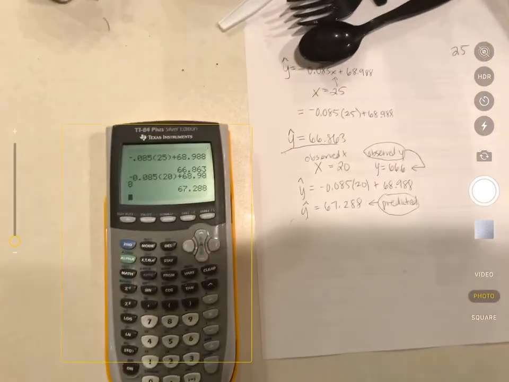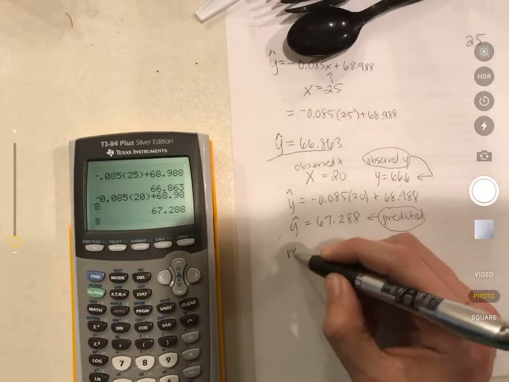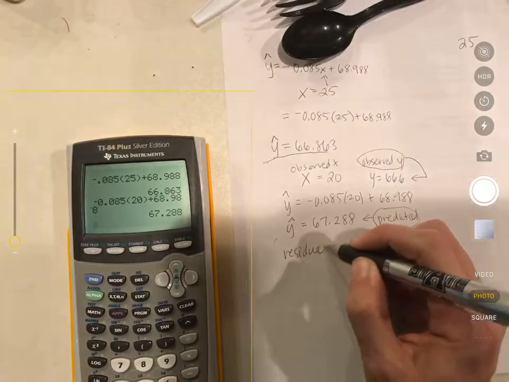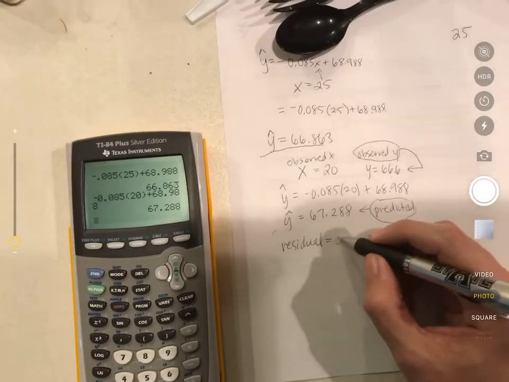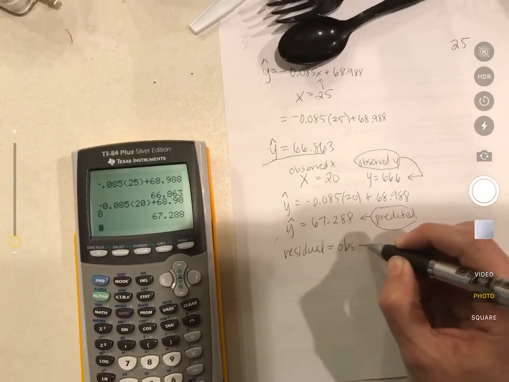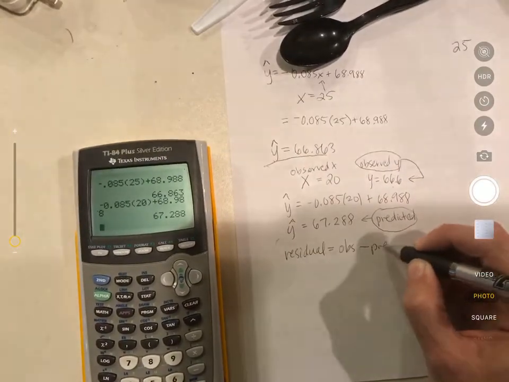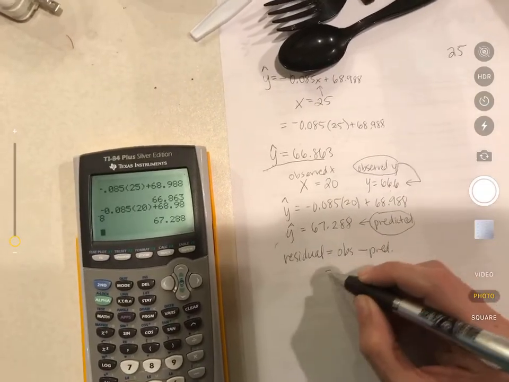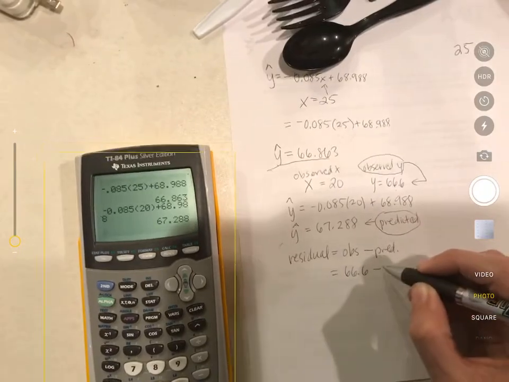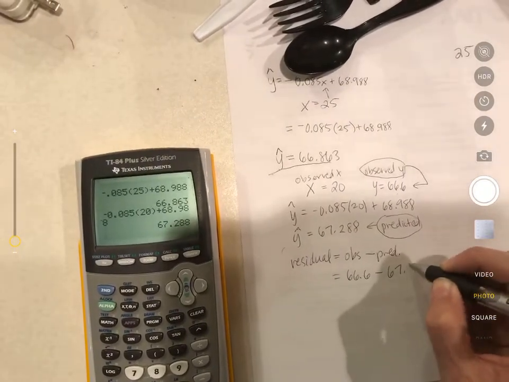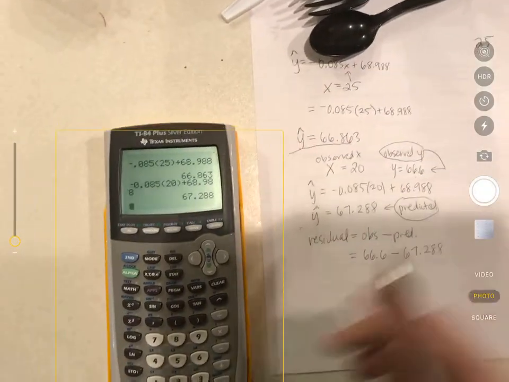So what we do from here in order to find the residual, we take the observed and we subtract the predicted. So the observed was 66.6 and the predicted was 67.288.